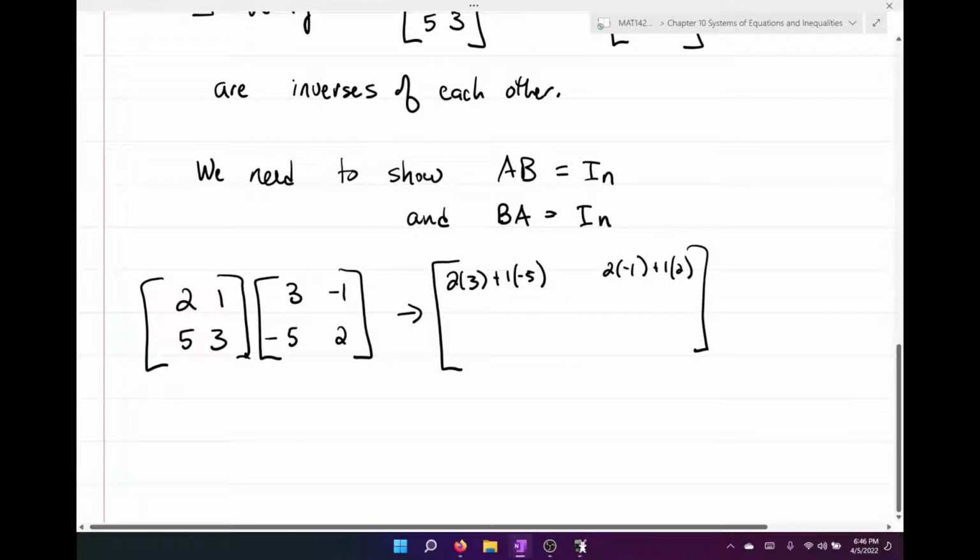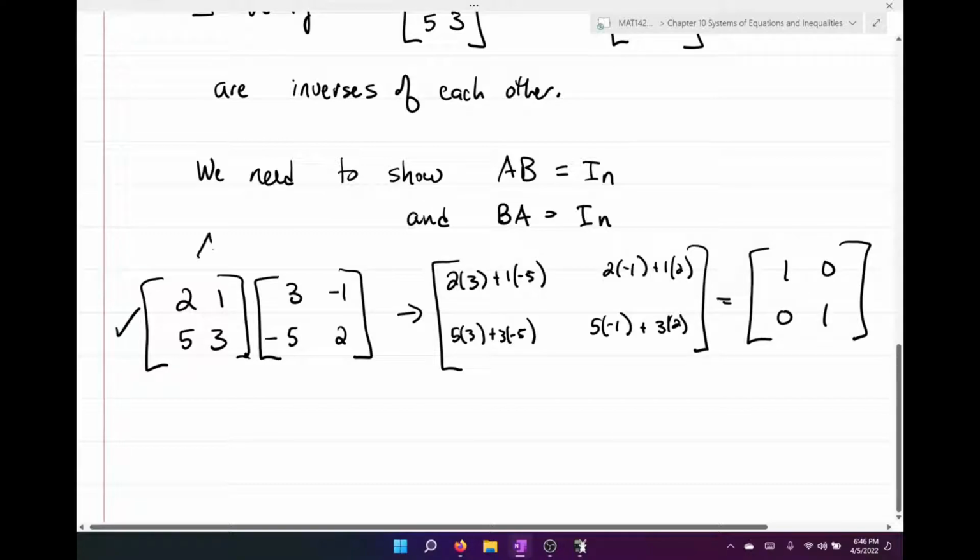Then for row 2, first entry, we're going to get 5 times 3 plus 3 times -5. And then finally, for our second row, second column, 5 times -1 plus 3 times 2. And when you go ahead and do the math, you're going to get [[1, 0], [0, 1]]. So, check. A times B is good.